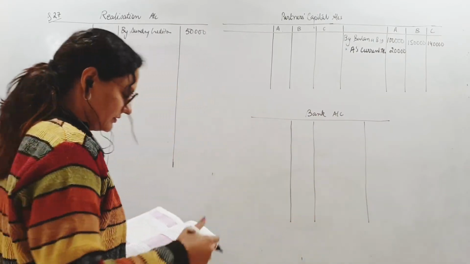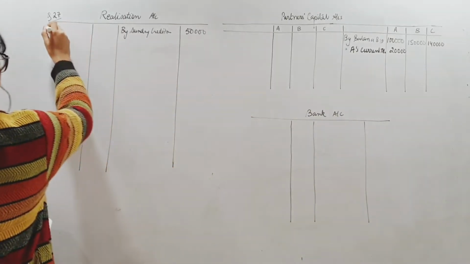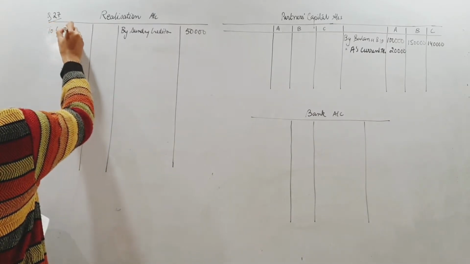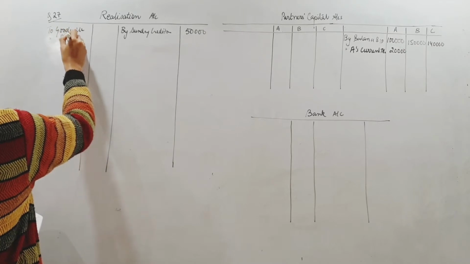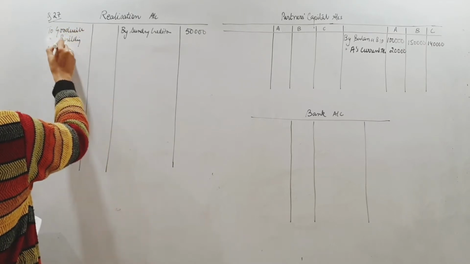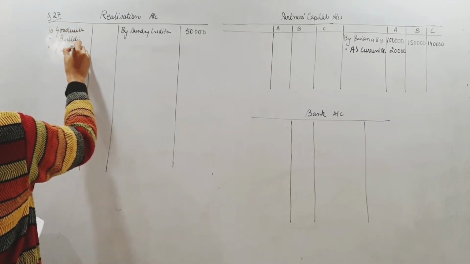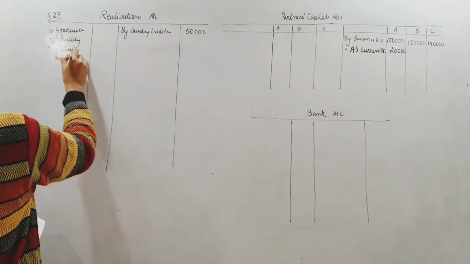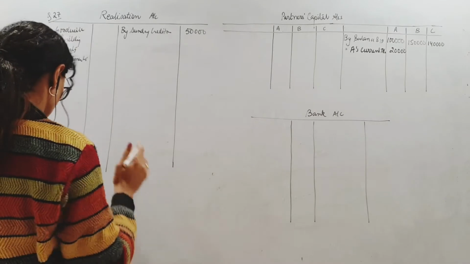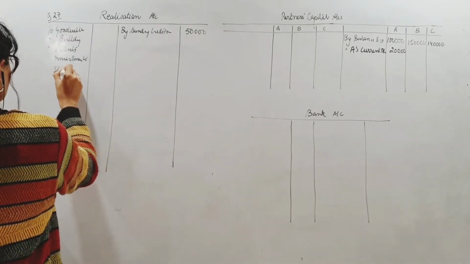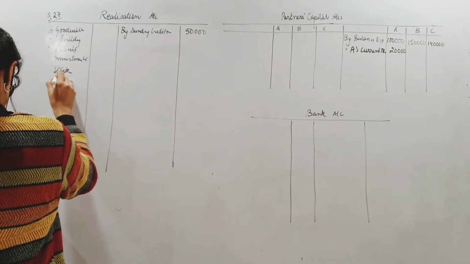Come to the asset side. We have goodwill, building, patents, investments. Everything, all assets, tangible, intangible, fixed, current, all will go here.